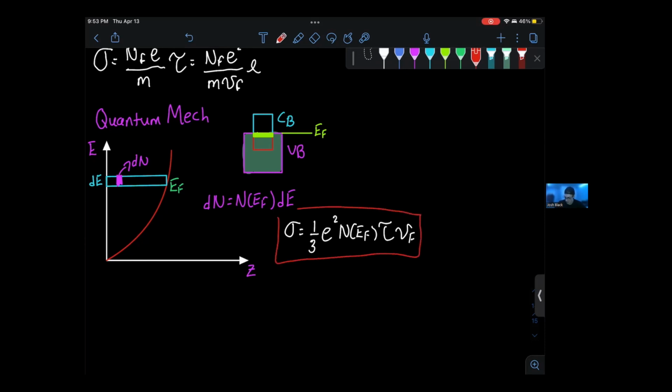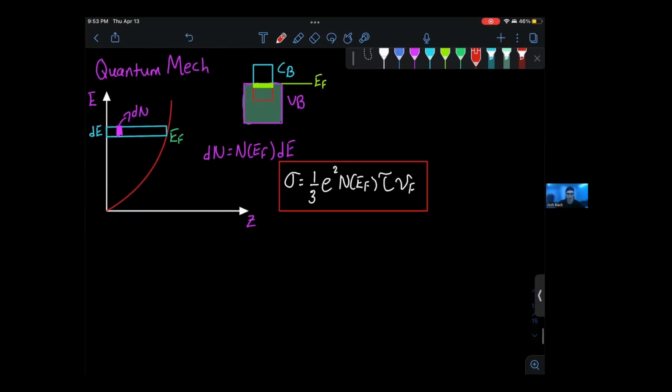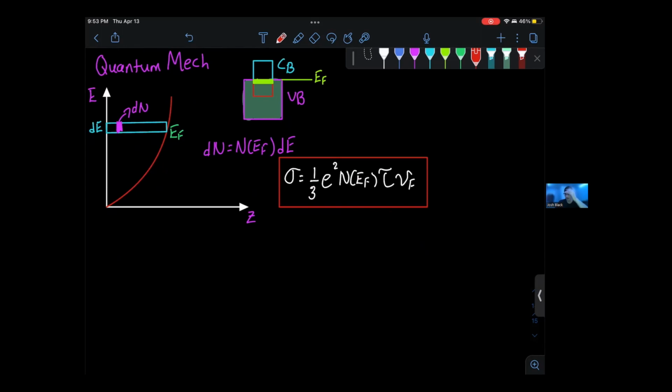This Fermi velocity is how fast electrons are moving when they are at the Fermi level. Now, something pretty important is what we call our effective number of electrons, NEF. This value is how many electrons are being used when we're talking about conduction. It's used by this equation here.